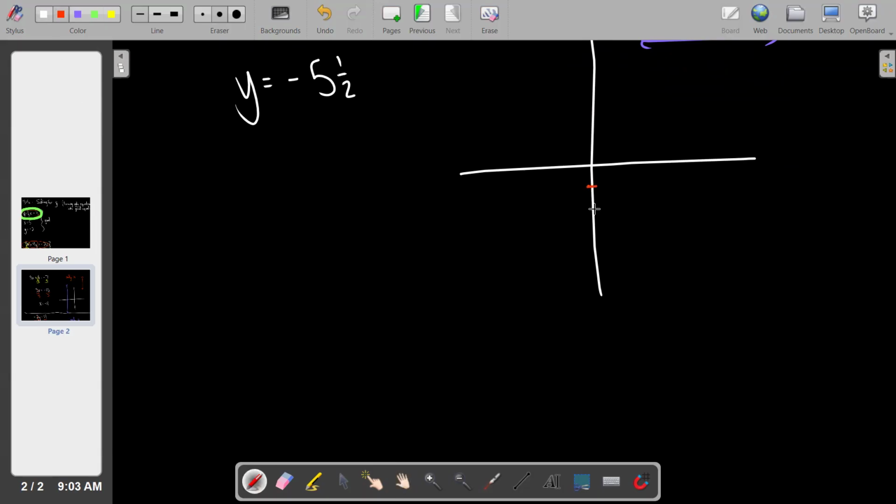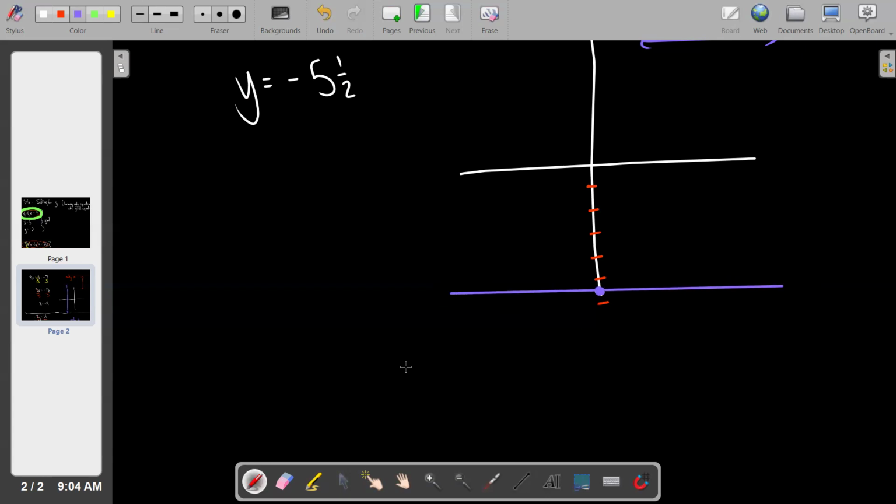We're going to go down to -1, -2, -3, -4, -5, -6. And you're smart. You say to yourself, where is -5.5? Well, it's halfway between -5 and -6. So on a graph, I would just go halfway in between the two grid lines, and then make a line horizontally right through there.